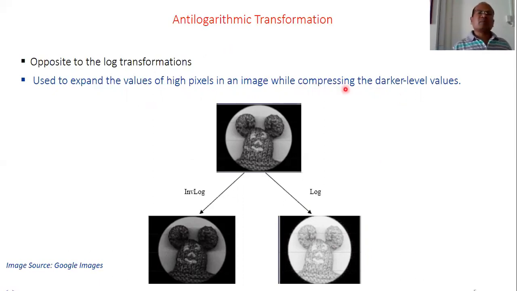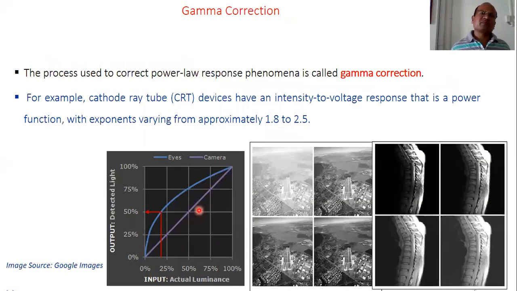Here, the dark pixels are compressed and the pixels having higher values are expanded. There is one more example. You can see the output of inverse logarithm and logarithm. In logarithm, you can clearly see that the higher value pixels are lowered a little and darker level pixels are expanded. And this is a reverse process in the inverse logarithm transformation.